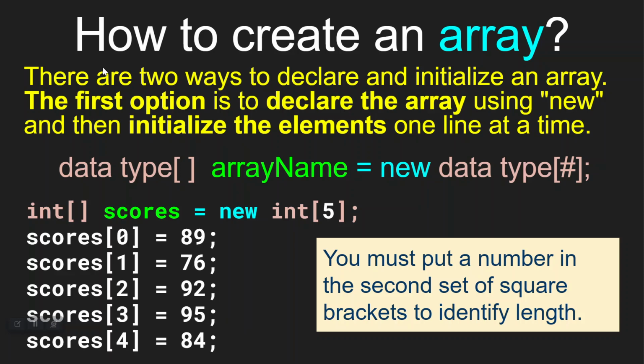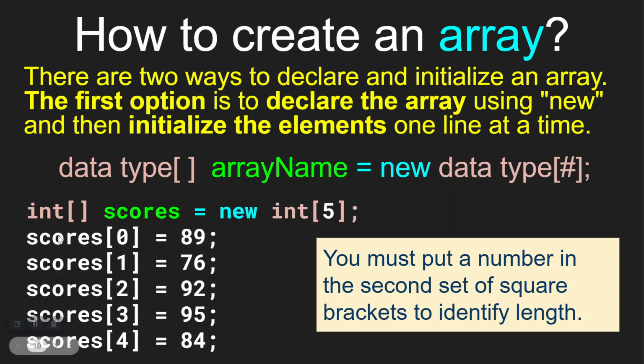All right, so there are basically two ways to declare and initialize an array. The first option is to declare the array using the new keyword and then initializing the elements one at a time. If I do it this way, which is the longer way of doing it, say I wanted to have an array of scores, I would say int array scores equals new int, and then I would put 5 in here.